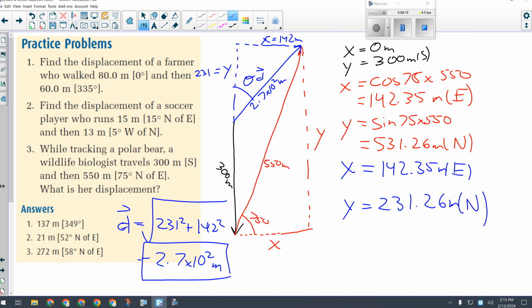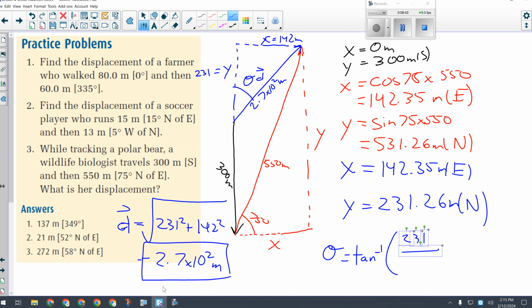Now I need to find which way my displacement points. It is, after all, a vector quantity. Can I use trigonometry to get that number? I have all 3 sides, so at this point I can use any trig function I want. Theta is the inverse tan of the opposite side, 231, divided by the adjacent side. Oh, sorry, I did that backwards.